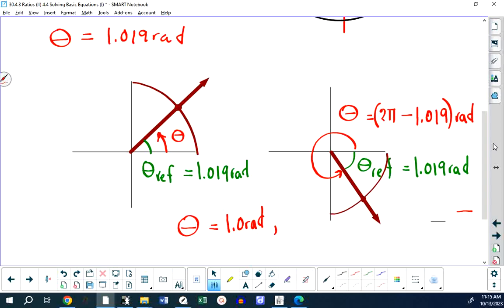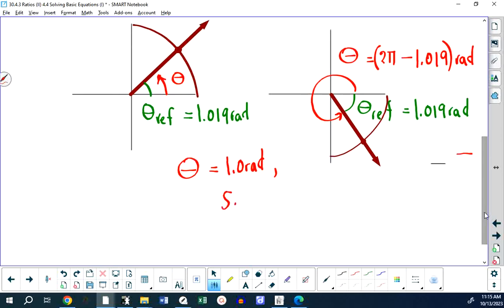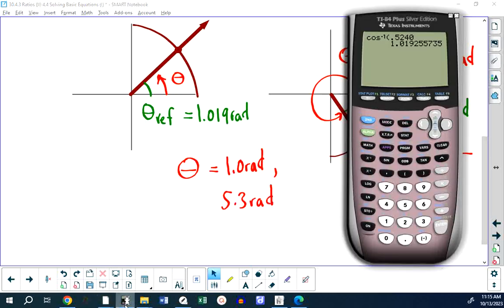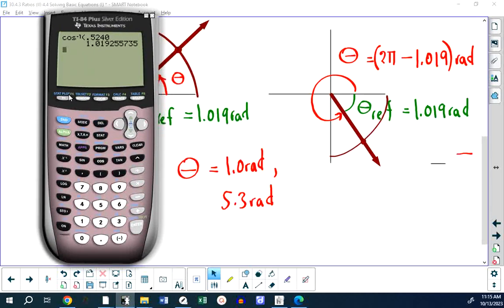I do want to just show that to you. So if I take 2 pi and I subtract that reference angle, I get 5.26, which is 5.3 to the nearest tenth. Okay? So the only thing that's different about this question is we're working in radians. You knew how to do this last year. You may not remember doing it last year, but you did. Okay?